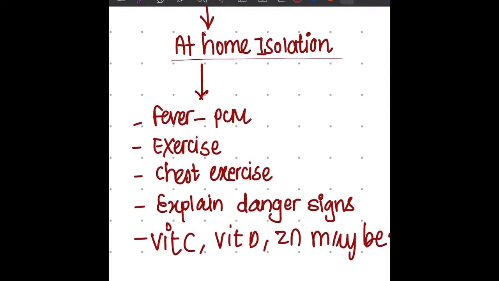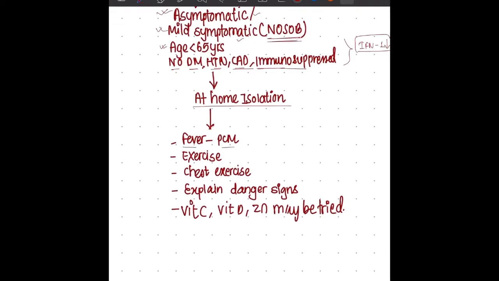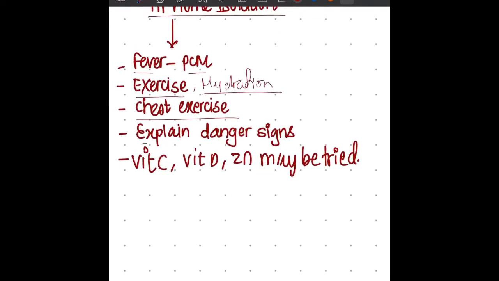This patient should be kept in home isolation and supportive management is required. For fever, give paracetamol, ask the patient to do daily exercise, ask the patient to drink plenty of water, maintain hydration, right? Ask the patient to do chest physiotherapy and chest exercises, right? And explain the danger signs of the disease. Explain that whenever the patient develops shortness of breath, then the patient needs to present to the hospital.